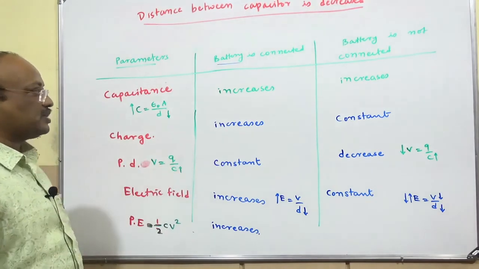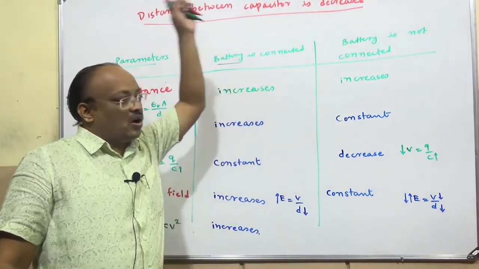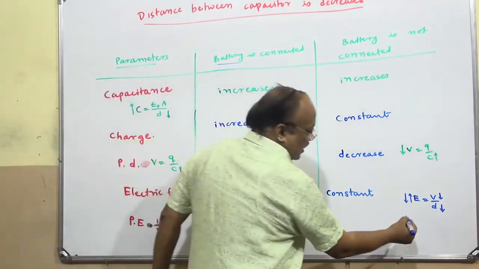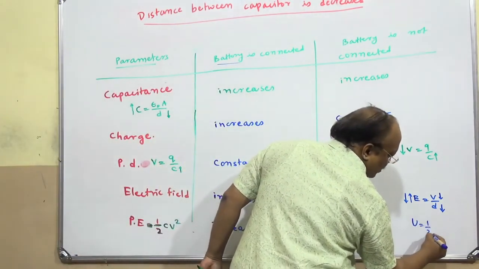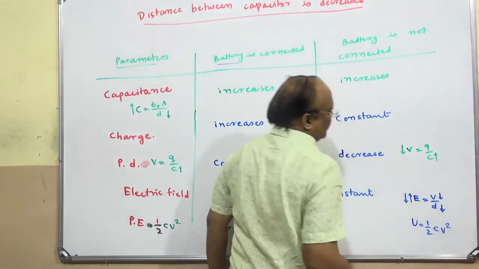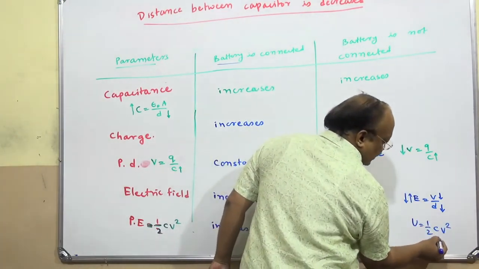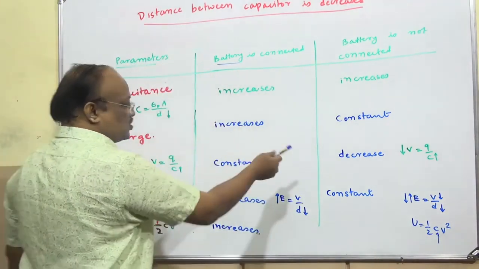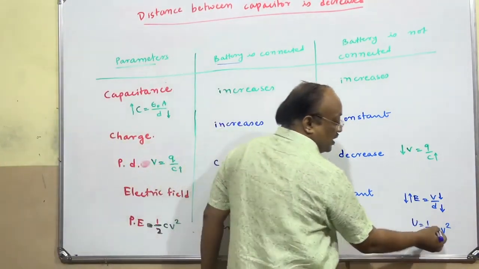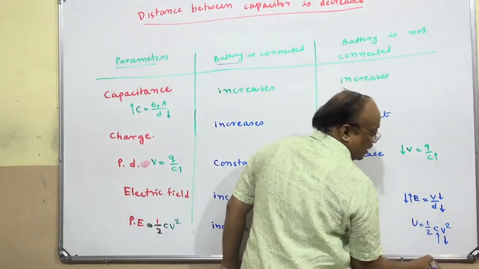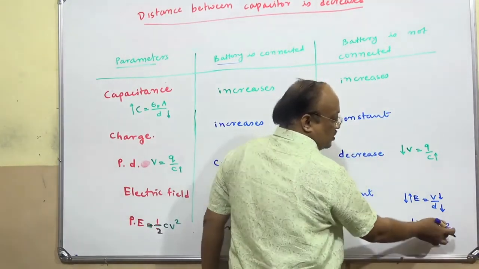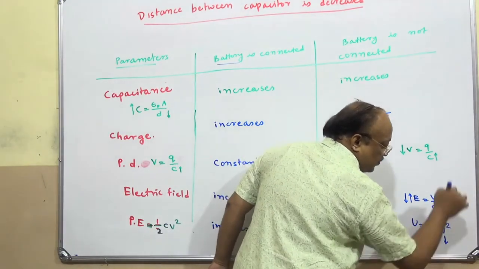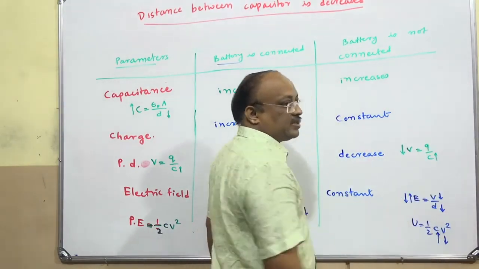So next, what happens when the battery is not connected there? U is equal to 1 by 2 CV square. Capacitance is increasing. What happens to the potential difference? It is decreasing. V square here, so this is just C, which is increasing. Here V square decreases.